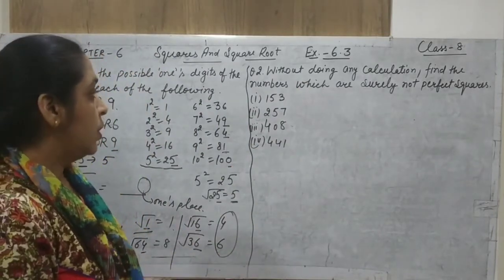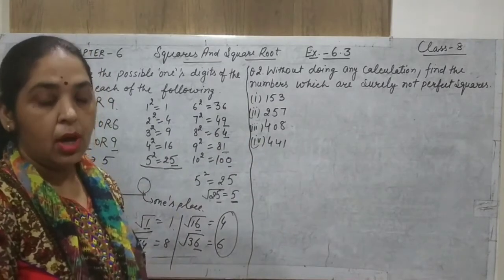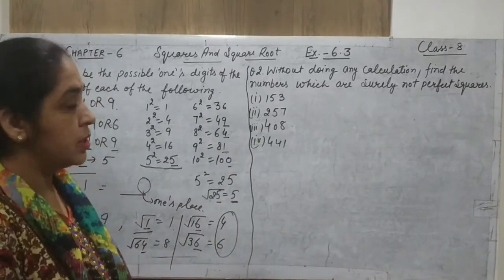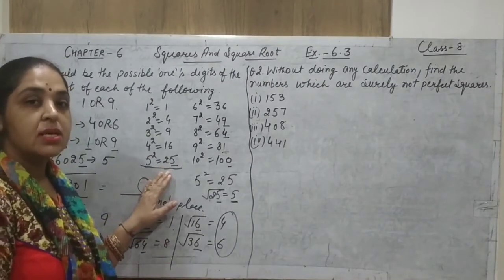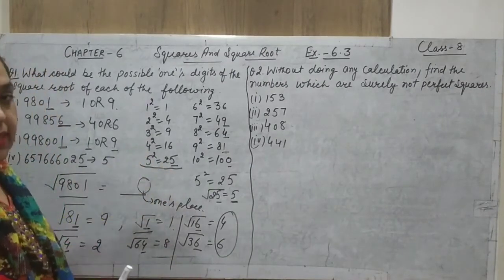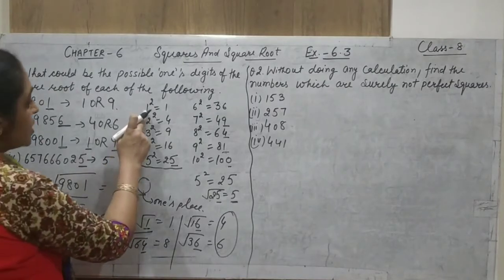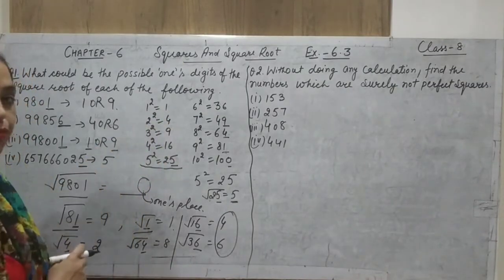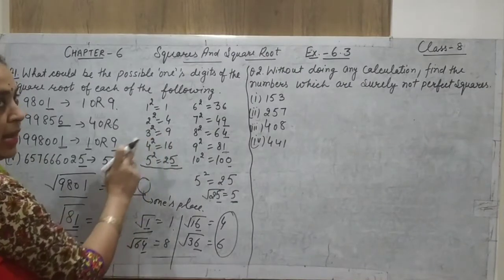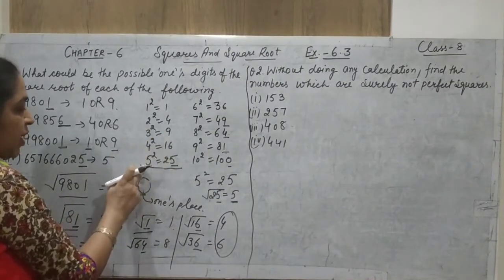Alright. Now 4 numbers are given. How could we find out without calculations? We can find out with the help of these squares again. Now understand the squares. 1 square ends with 1, 2 square ends with 4, 3 square 9, 4 square 16, 5 square 25.